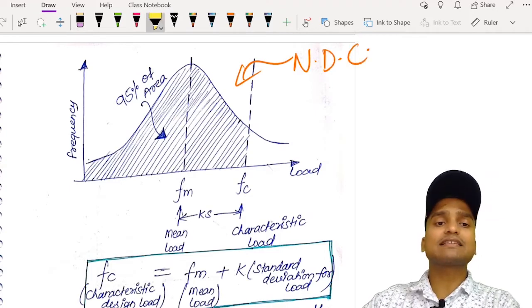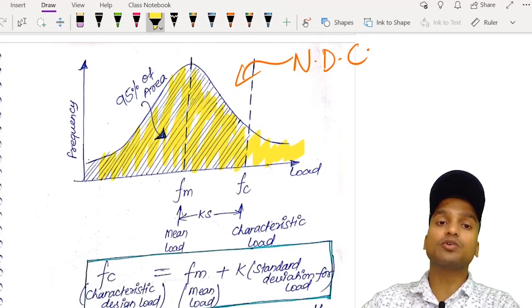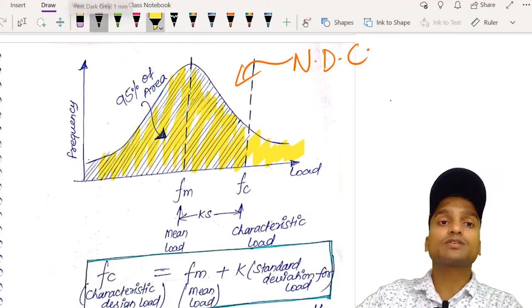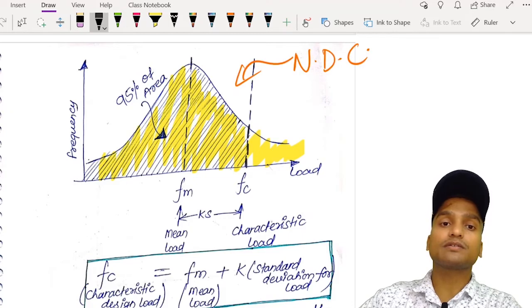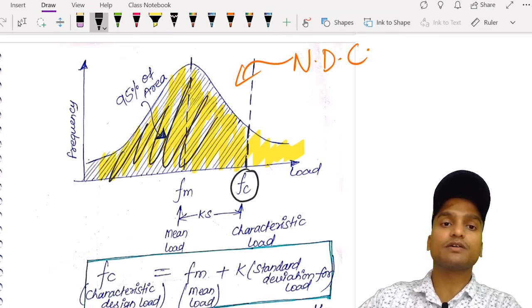And in this case, if we assume the entire area that is subtended by the normal distribution curve upon x-axis to be equal to 100%, then the characteristic load is that particular value of load which corresponds to the 95% area of the curve, this value, and this is my 95% area of the curve.